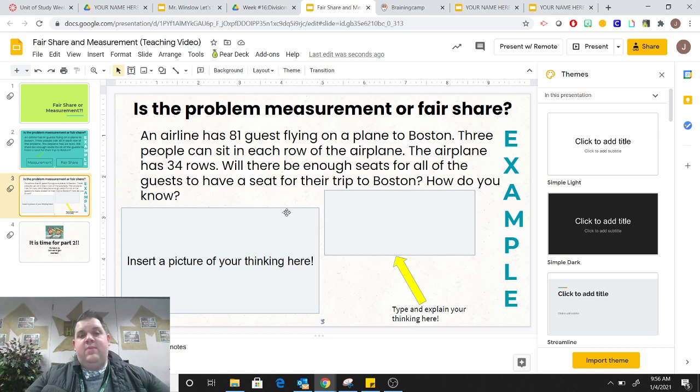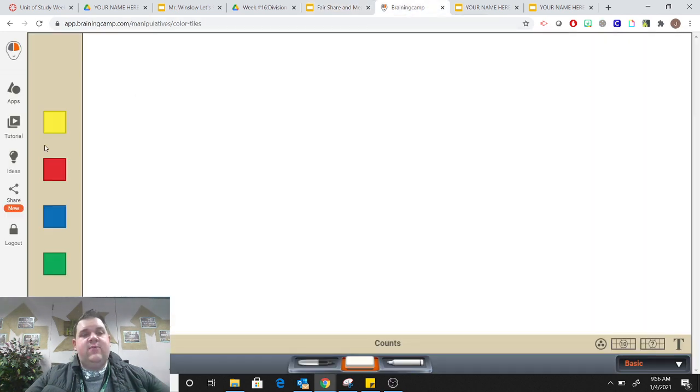So we're going to go over to Play Pause It, and we're going to show a way to solve this problem. So we know there's 81 guests and there's 3 in each row. So if I bring over 3 tiles, that makes 1 row. So there's 3, and I'm trying to decide how many rows we need.